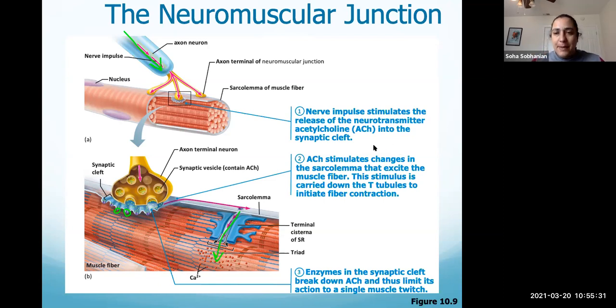So the next thing that is happening now is, remember that we said that T tubules are surrounded by the sarcoplasmic reticulum, the SR, that contains a lot of calcium, right? So the electrical impulse that is in the muscle now causes the calcium in the sarcoplasmic reticulum to be released into the muscle fiber.